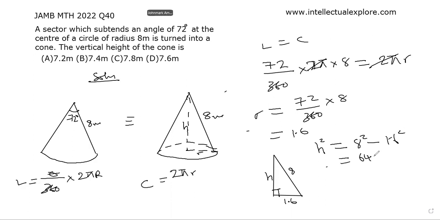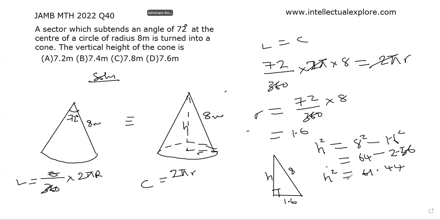So this will be 64 minus 2.56, which will give you 61.44.